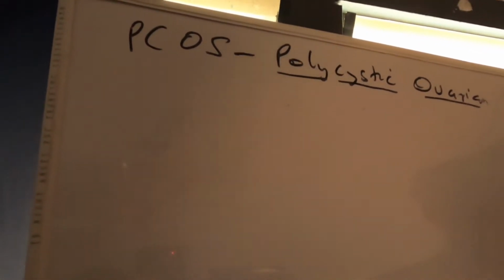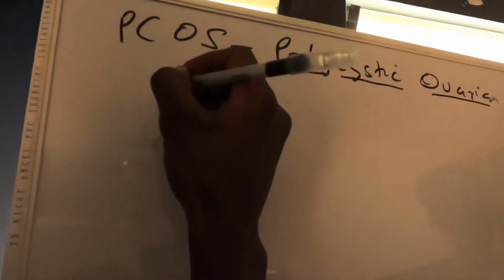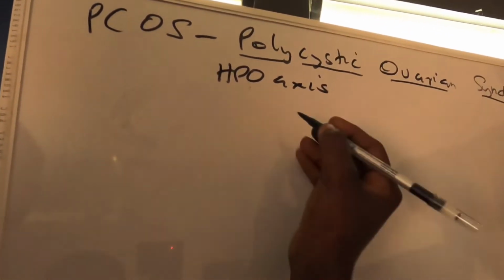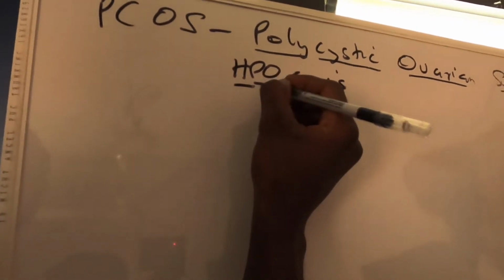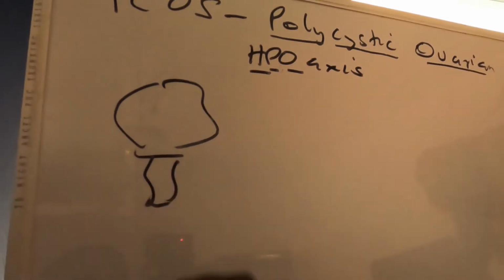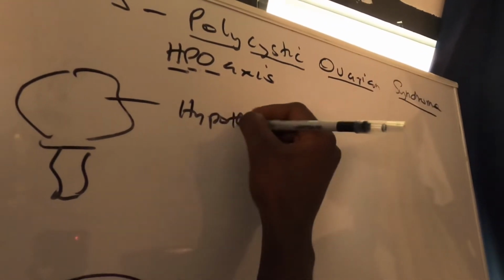issues. So before I continue, let's do a short diagrammatic expression of the HPO axis. So hypothalamus, pituitary gland, and then the ovary. This is just a diagrammatic representation of the HPO axis.